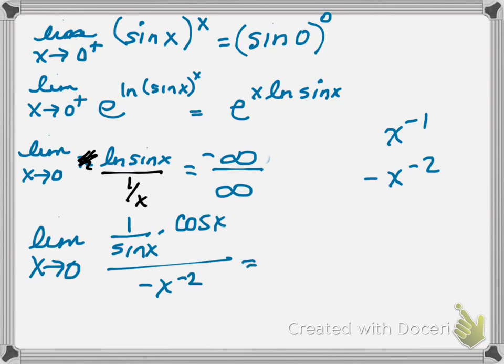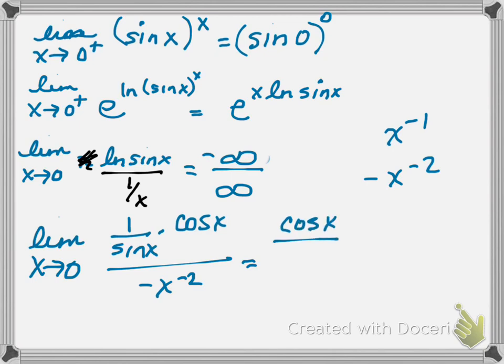So now, if you want to simplify that, you could think about this as a tangent on the numerator if you wanted. So think about this as if it were, I guess that would be a cotangent, wouldn't it? So let's go ahead and just work this out here.